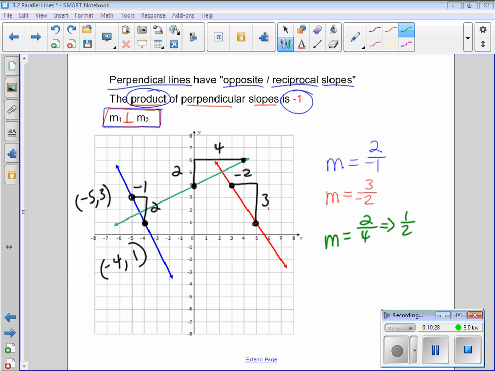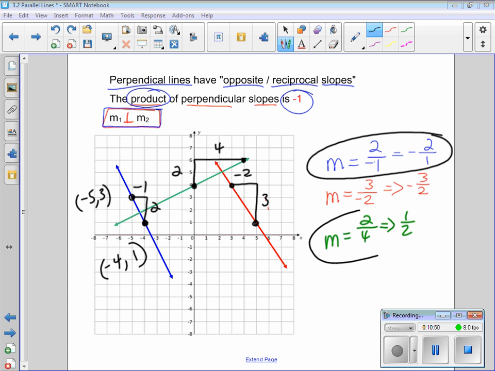All right, so if you take a look at the first one, the blue one, I can rewrite that as -2/1 or -2, it doesn't matter. And the red one, I can rewrite just to kind of clean it up. We don't usually put a minus sign in the bottom, so we can call that -3/2. So if you take a look at the blue line and the green line, you see that their slopes are opposite.